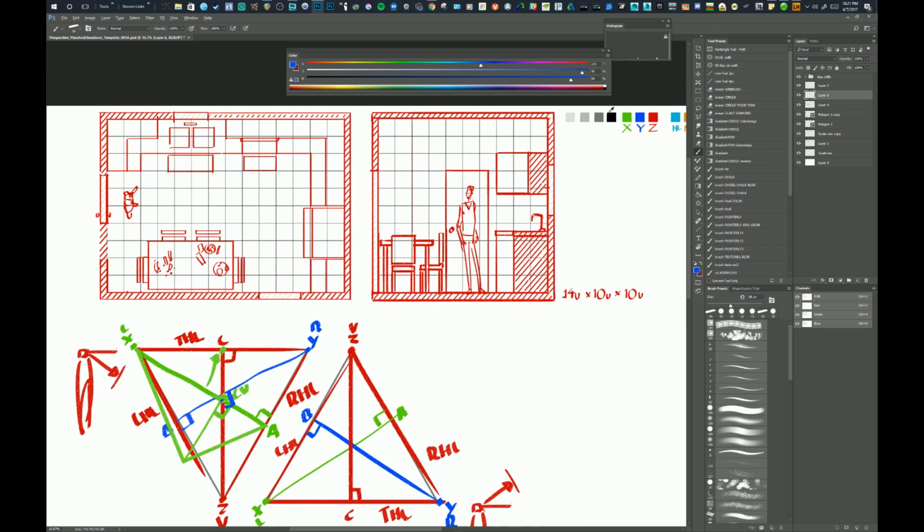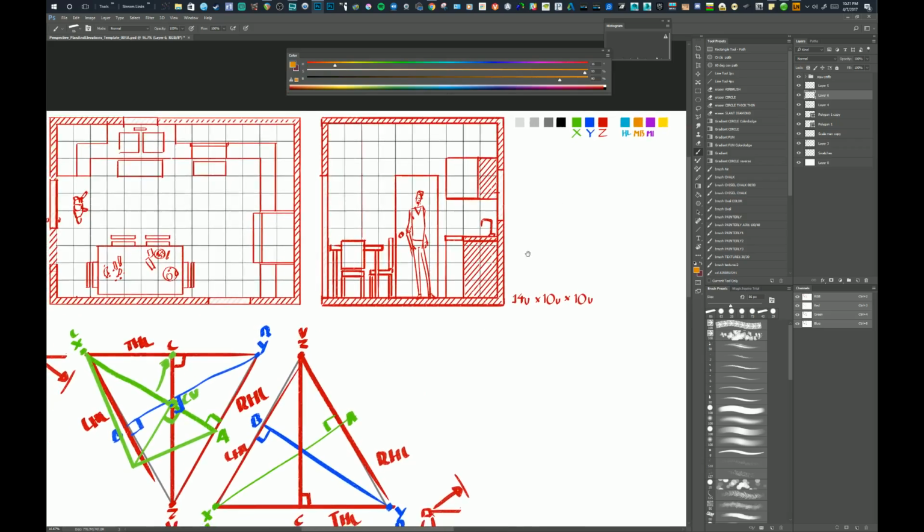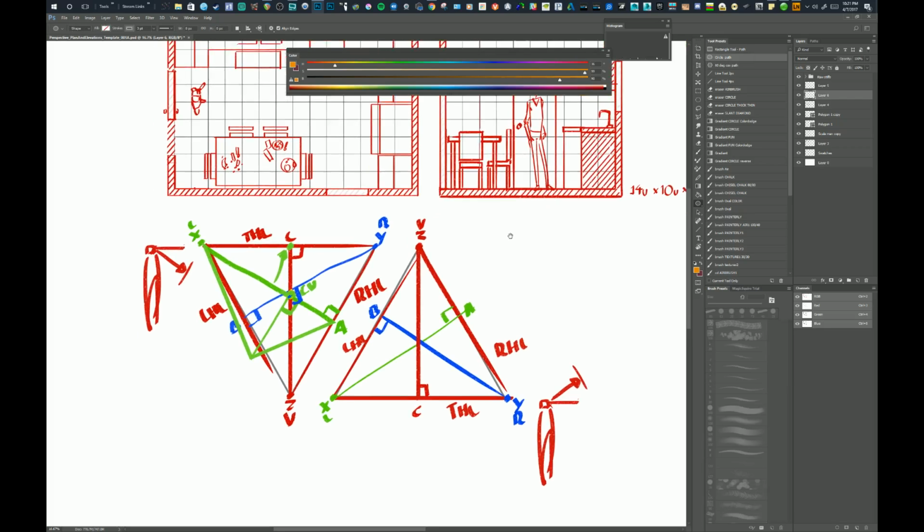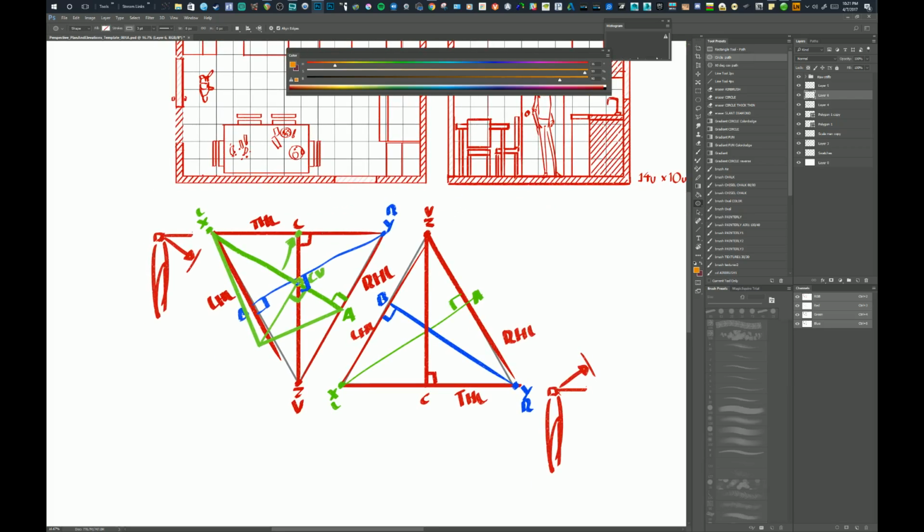Now, those of you that have been following along with all of my other tutorials know that the cone of vision should always be created from the center of vision.